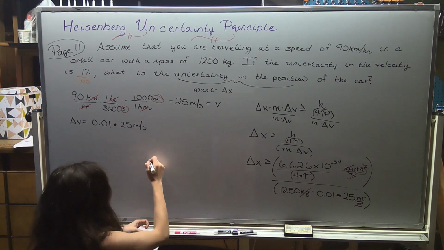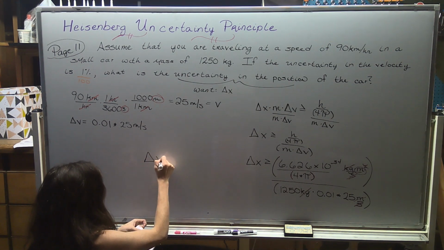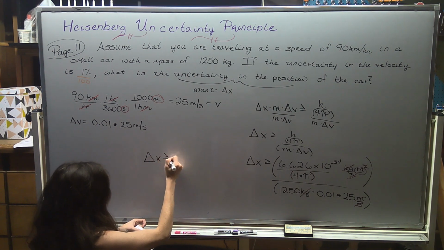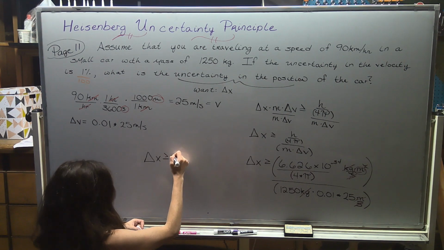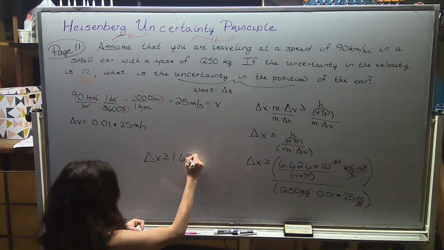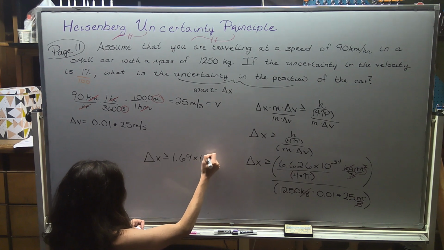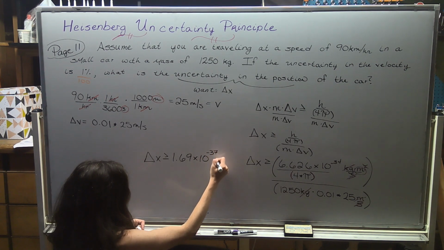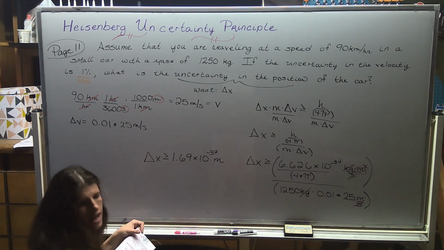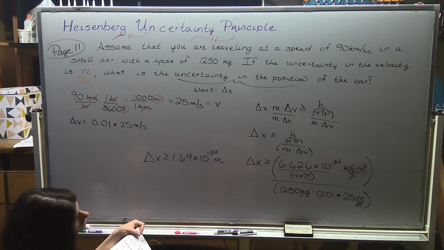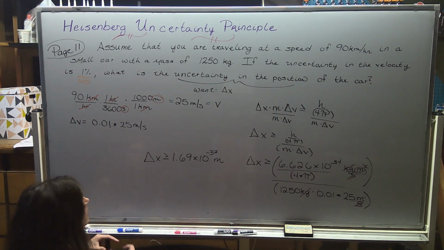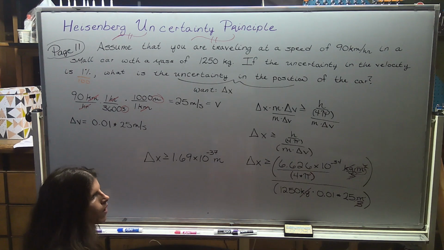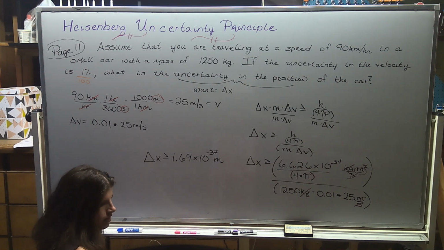When I did all this, I got delta x is greater than or equal to 1.69 times 10 to the negative 37 meters. I figured I'd just round to 1 sig fig because of the 1% here. Also, the greater than or equal to sign almost makes the sig figs irrelevant, right?